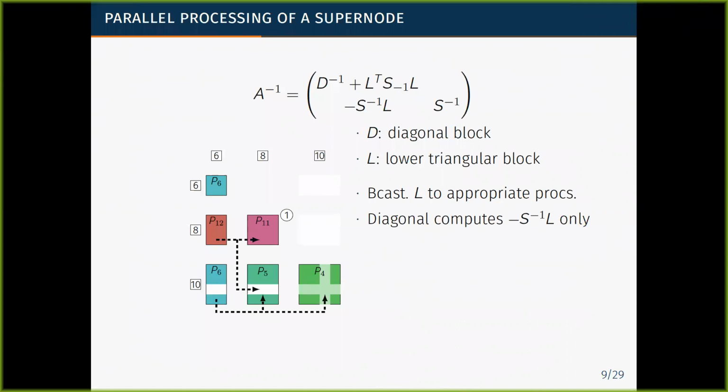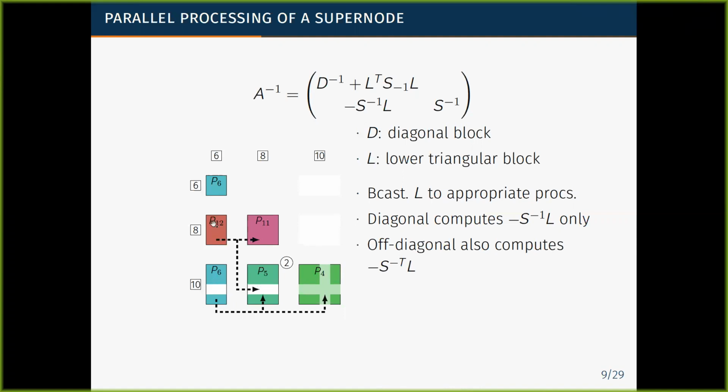When the broadcast from P6 happens, P4 is also able to compute its contribution, and so is P5. Now, the difference with the algorithm from before is that P5 actually has two contributions to compute: the contribution that is going to be reduced in P6, and also the contribution that is going to be reduced in P12.